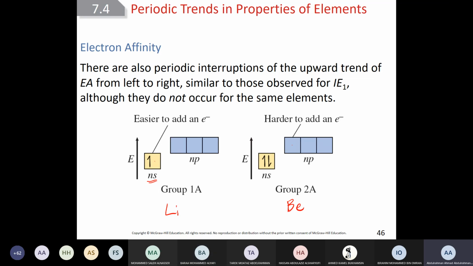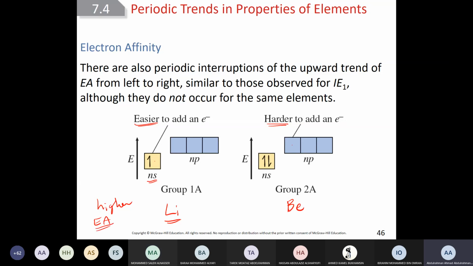Be. Oh, why? Wrong. It's easier to put an electron here than here. It's harder. So which one will have higher? It is lithium, because it's easier, and that's why this is a higher electron affinity.